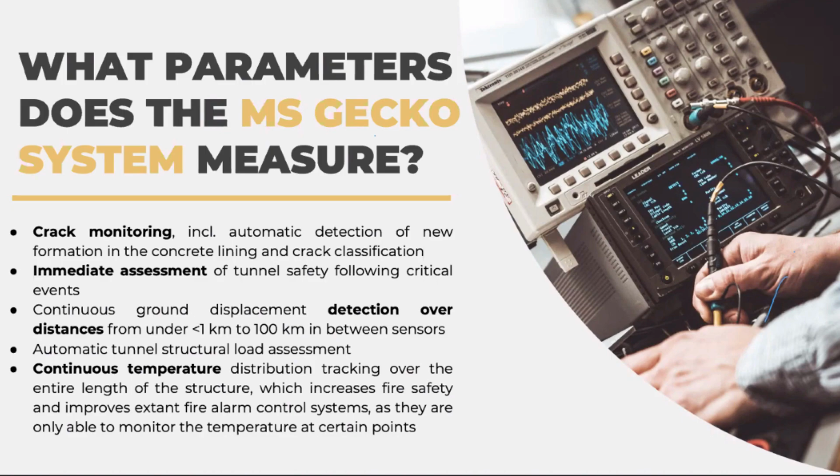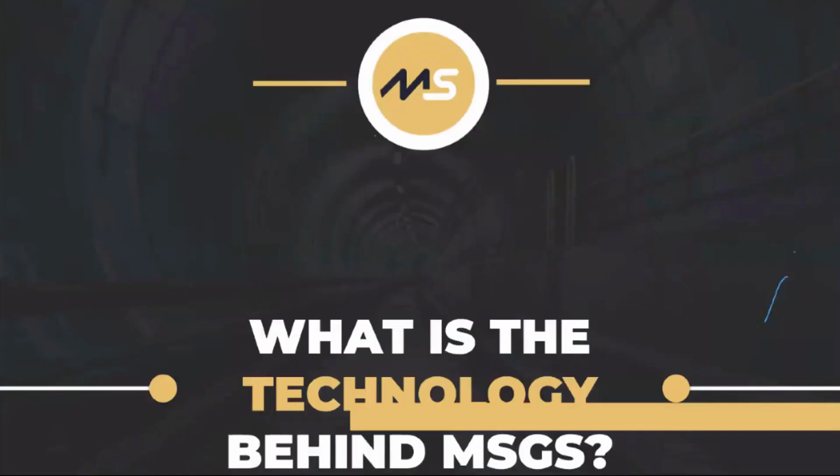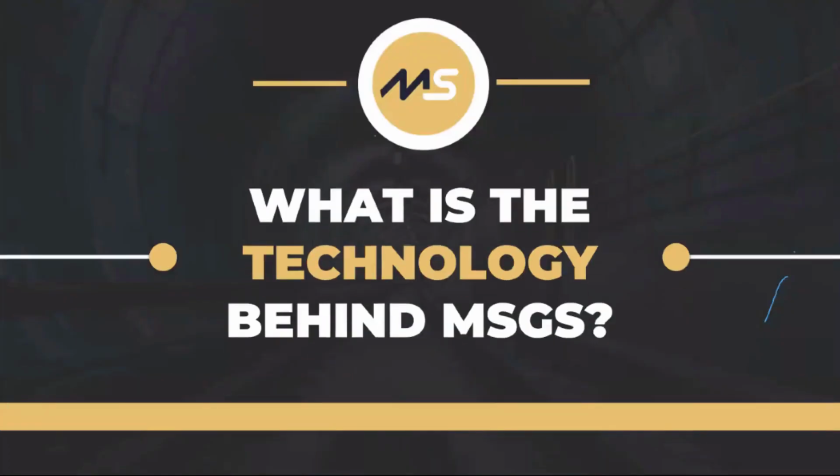This is a very precise method of finding those spots which require immediate actions. All right, let's jump to the next slide. Okay, so let's talk a little bit more about the technology.